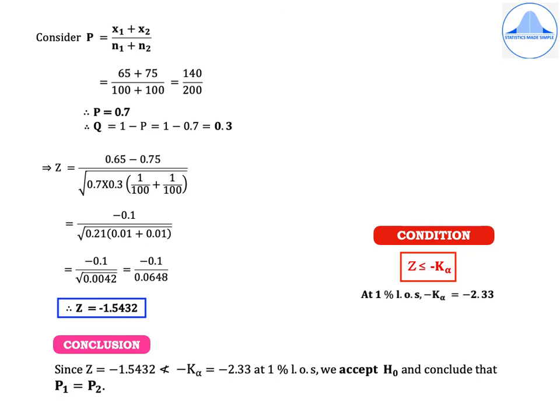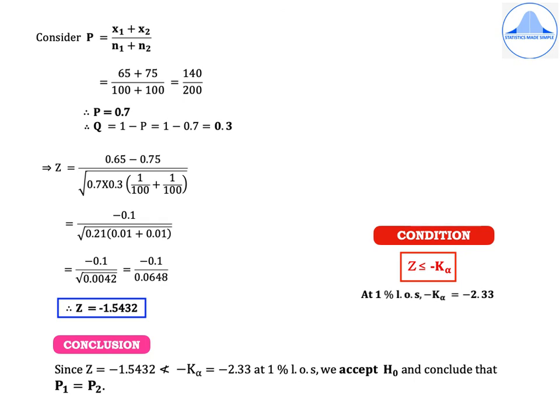Substituting in Z, we get Z equal to 0.65 minus 0.75 divided by root of 0.7 into 0.3 into 1 by 100 plus 1 by 100, which is equal to minus 0.1 divided by root of 0.21 into 0.01 plus 0.01. So on simplification, we get Z equal to minus 1.5432.